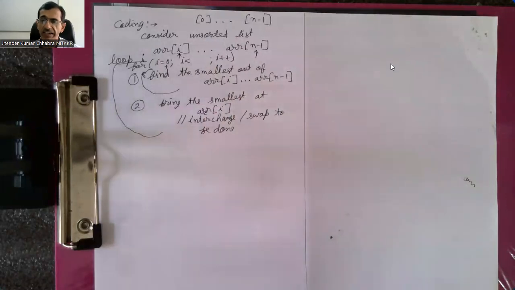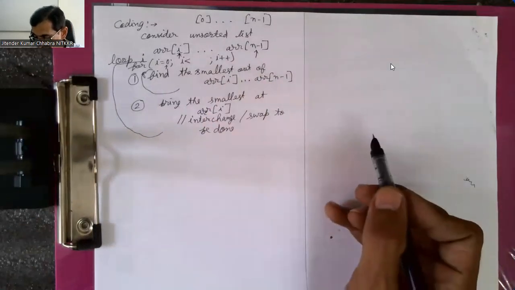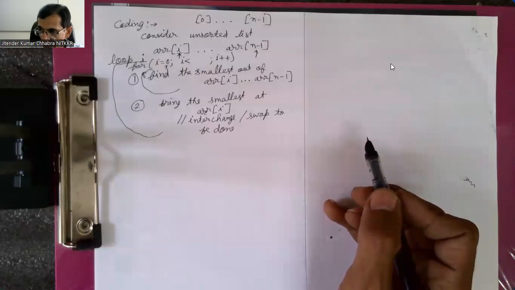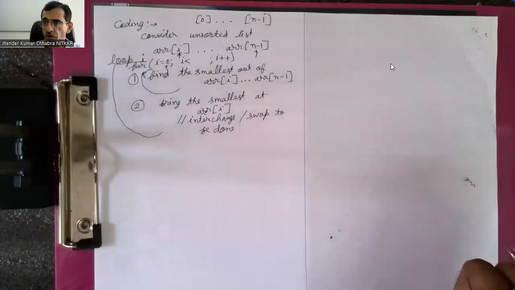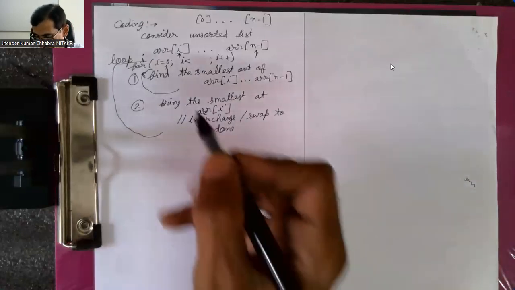One element is guaranteedly the correct value. So once we reach the n minus 1th element, and the smallest list, or my unsorted list, has only one element, that will obviously be the largest out of the total elements, and that has reached the last position.